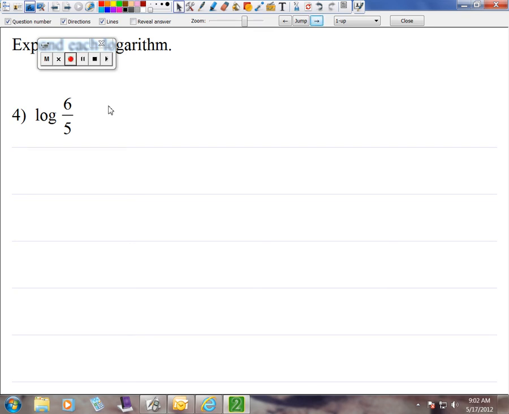Now, something you need to be aware of when I rewrite this is the log of 6 minus the log of 5. Order makes a difference. It must be the top first. Does that make sense? Also, you can't subtract those and say log of 1. Can't do that. That's just changed to an expanded form. We'll deal with how to work with those later. Give yourself a bonus point and do number 5.